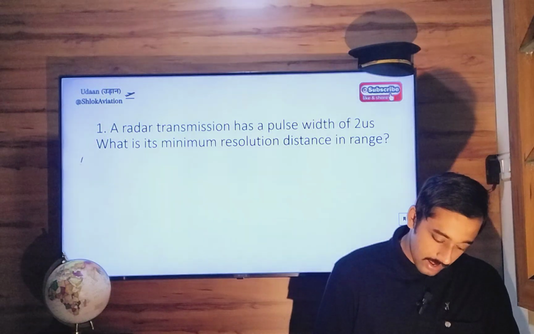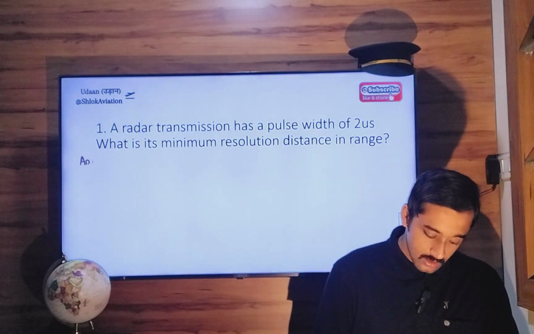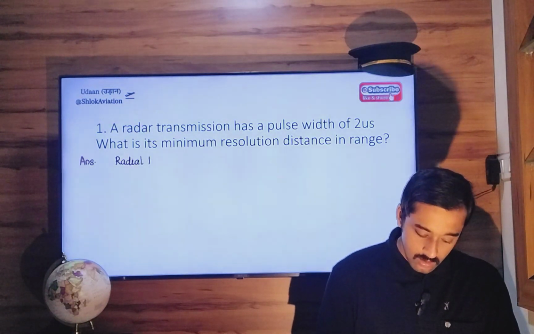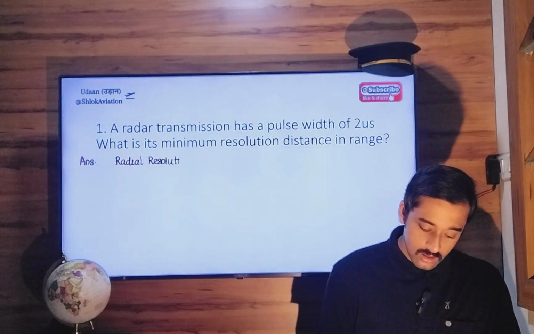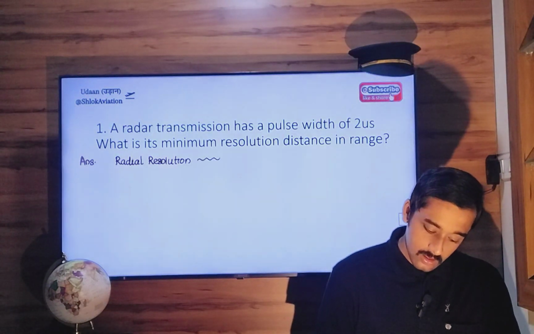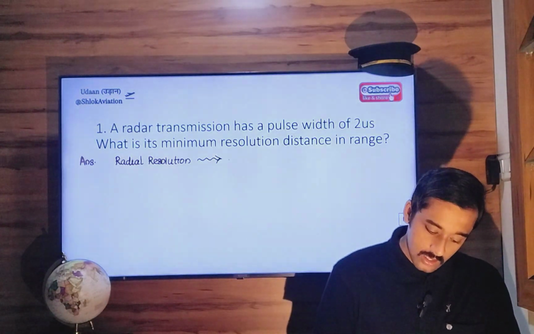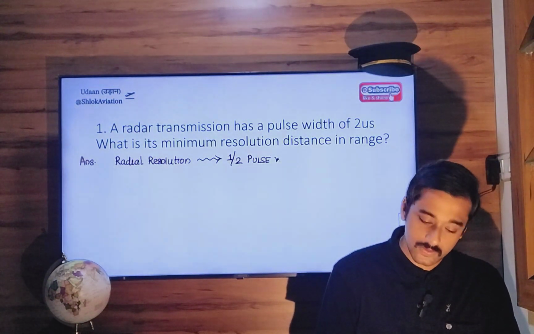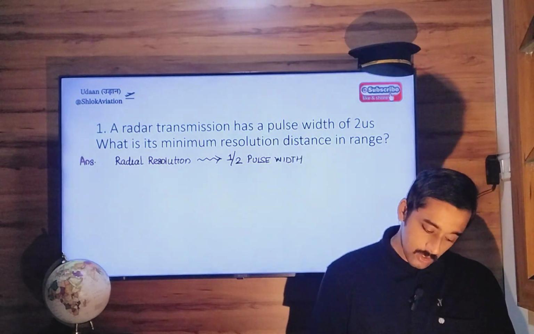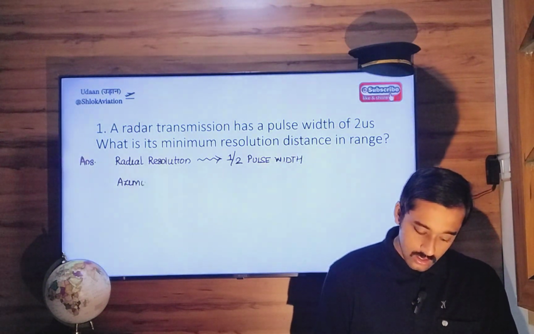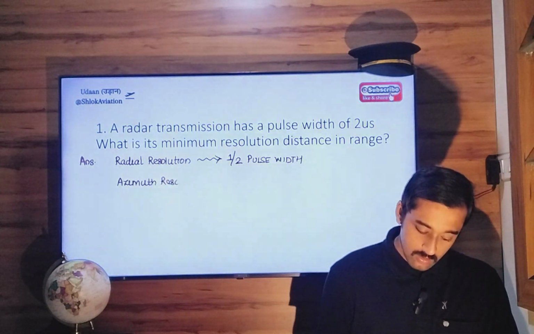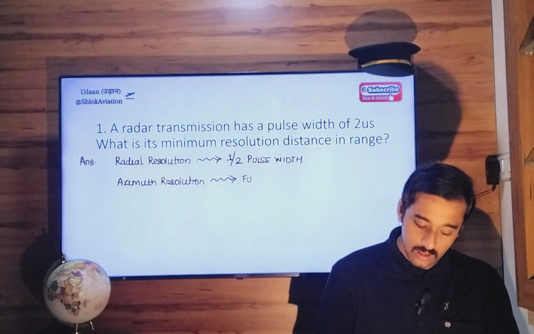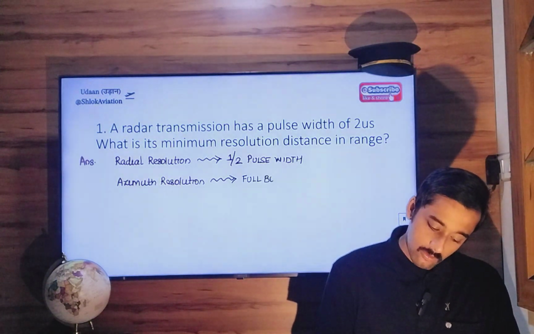Okay, so you have to remember this fact that radial resolution depends on half the pulse width, and azimuth resolution depends on full beam width.